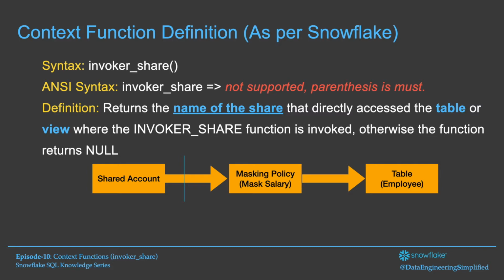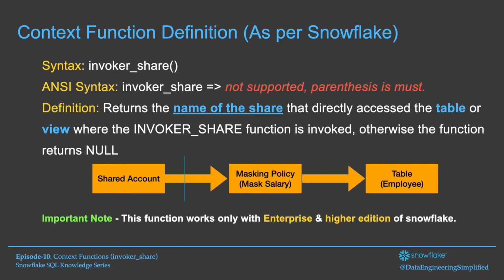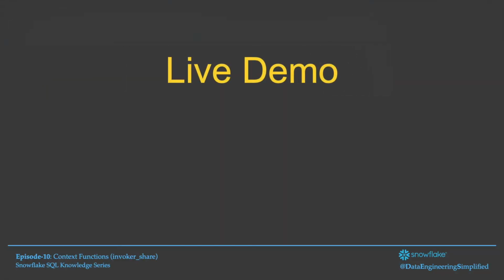We will see in detail while following the live demo. Important note, this function works only with enterprise and higher edition of Snowflake. With standard edition, this function does not work because masking policy and all the invoker context function works only with enterprise and higher edition.